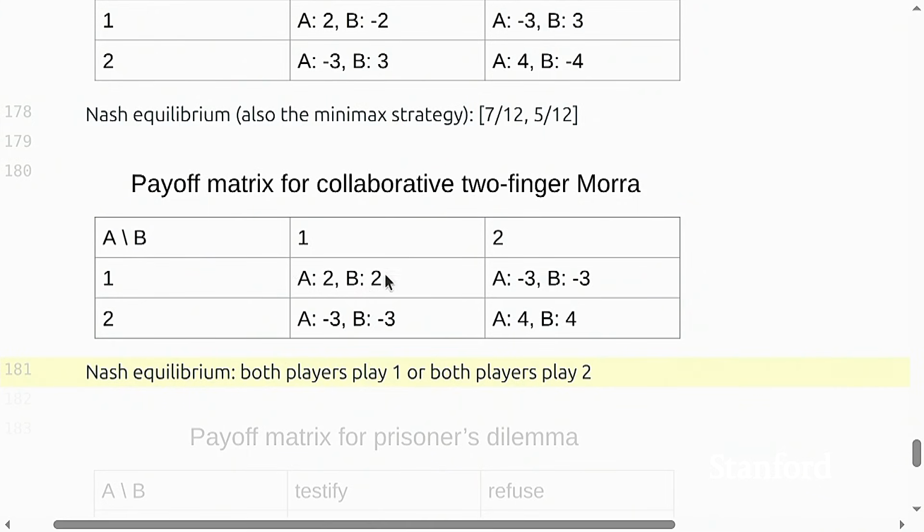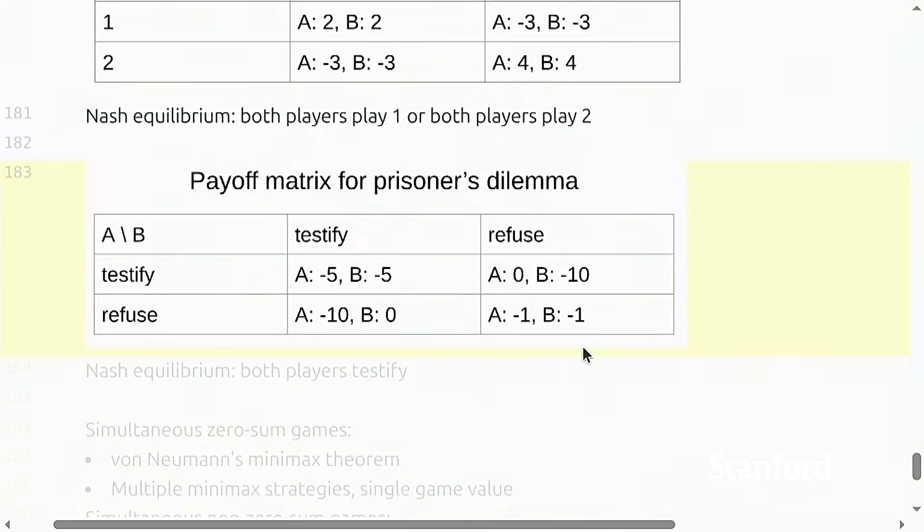Either both play 1 or both play 2, right? And it's stable because if you're here, even though it's not optimal, if B tries to move off, then it's just going to make it worse for everyone. Okay, so this is a local optimum.